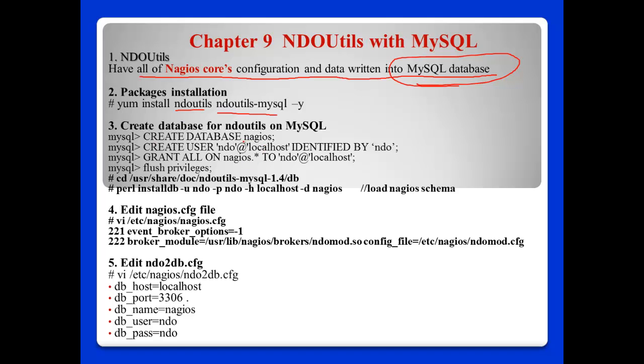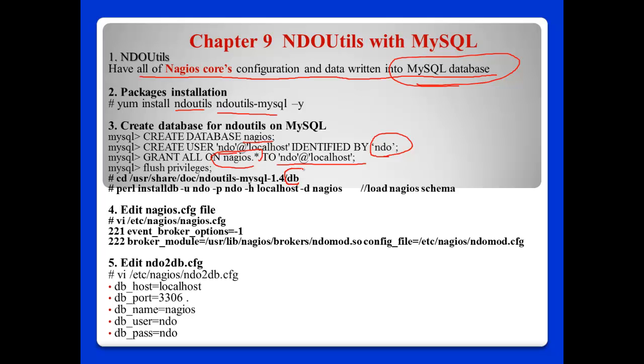So in my case, the database name will be Nagios, and the user NDO, and the password as well, same NDO. And we need to grant all the permission or authority to access this database by NDO, and after that flush privileges.